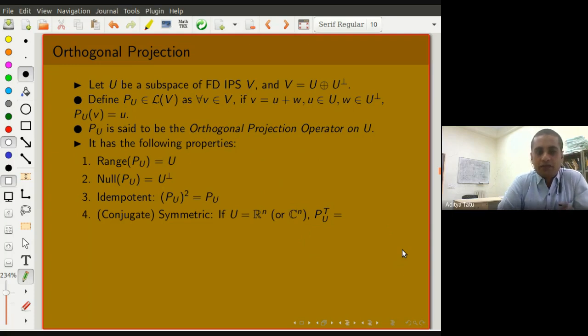Moreover, the vector space is Rn or Cn; for now let's think about Rn. What can you say about PU transpose?